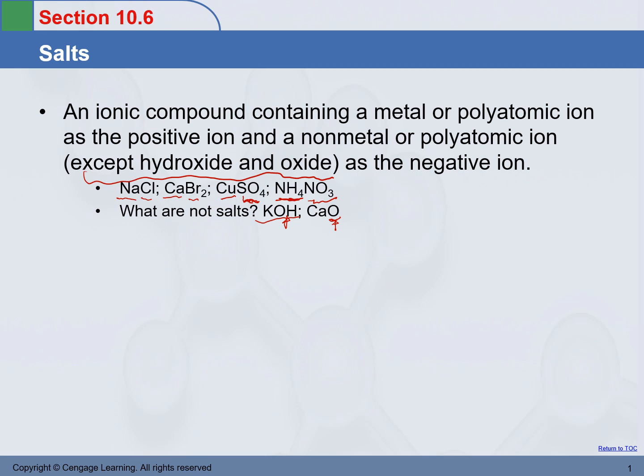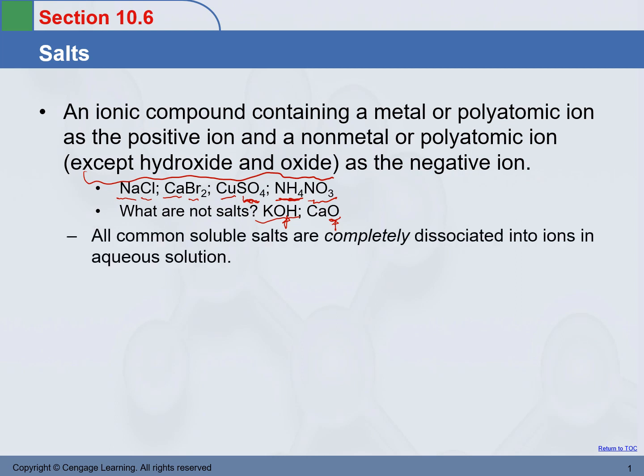We have learned predicting the solubility of ionic compounds. We have a guideline table for the solubility of ionic compounds. Well, we are going to learn a little more here. All common soluble salts are completely dissociated into ions. We learned that early in this chapter.